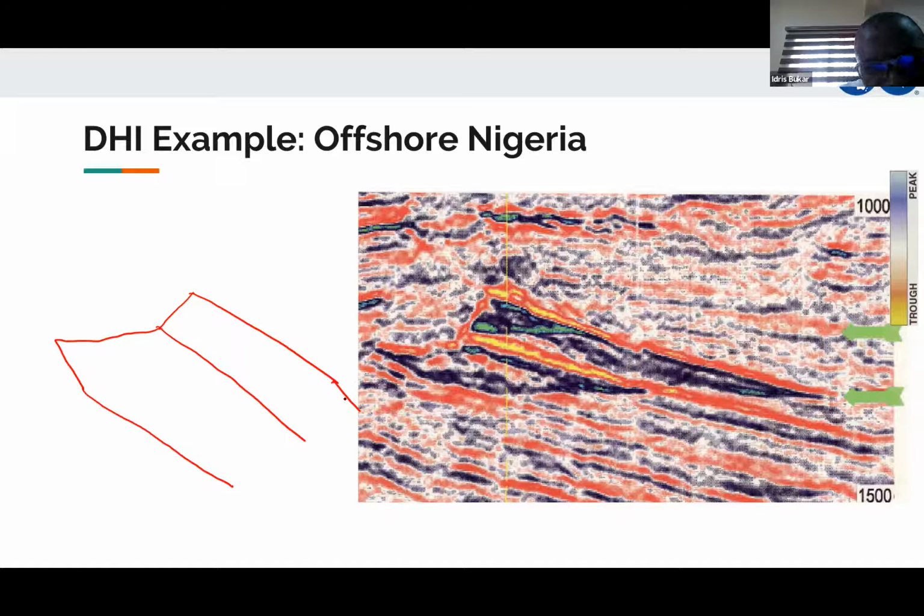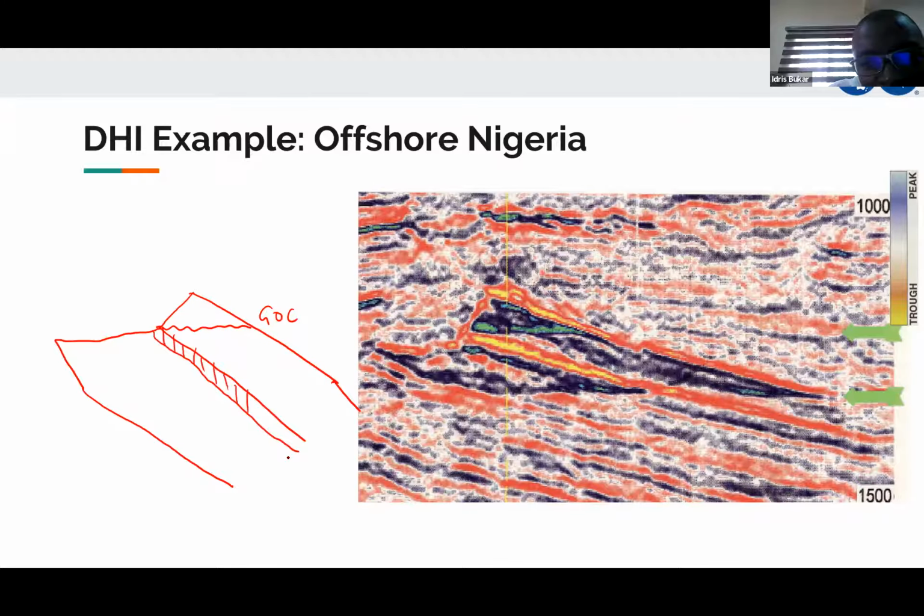However, we can also include the fluid contacts. So here we have the gas-oil contact, right? But then, as you can see, these are two units stacked on top of the other, and I would say that there is a shale here in between them.